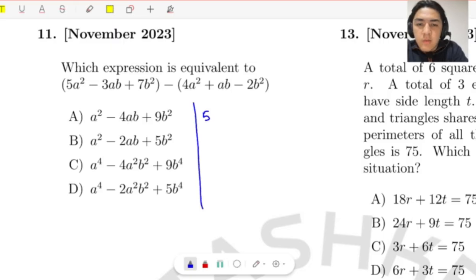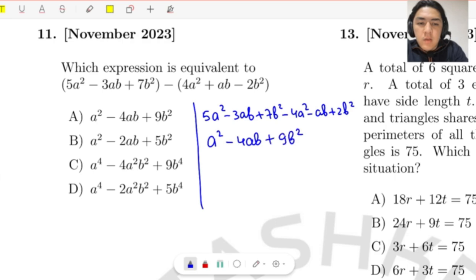So 5a squared minus 3ab plus 7b squared minus 4a squared minus ab plus 2b squared. Take a squared minus 4ab plus 9b squared. And this is A, guys.